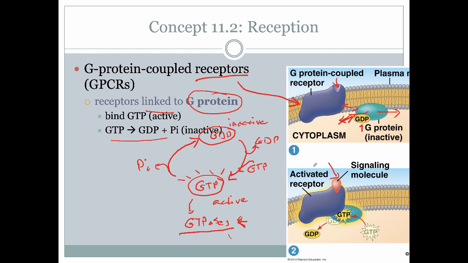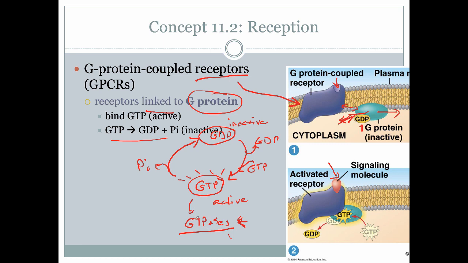And so the way this works is a signal molecule will bind to the receptor. The G protein will exchange GDP, get rid of it, and bind to GTP. This makes it active. Binding to GTP activates what's called its intrinsic GTPase activity.